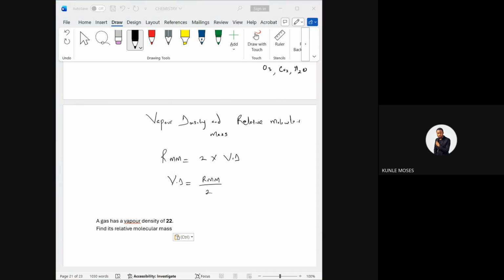So I believe everyone understands it now. If they ask you to predict the likely gas, looking at that relative molecular mass of 44, what can be the likely gas? Anybody, please?